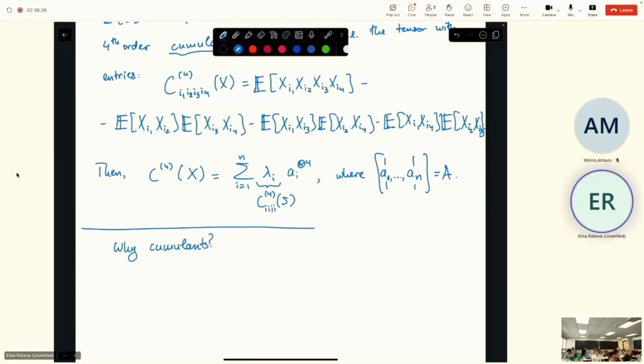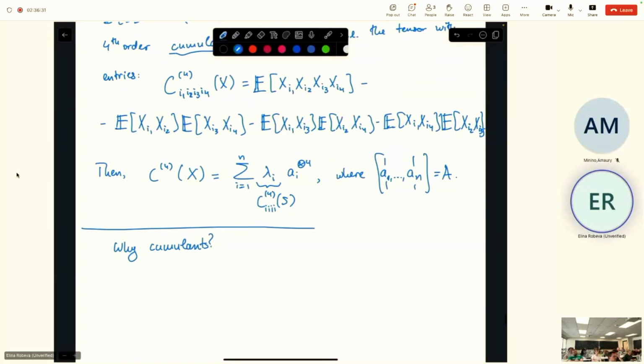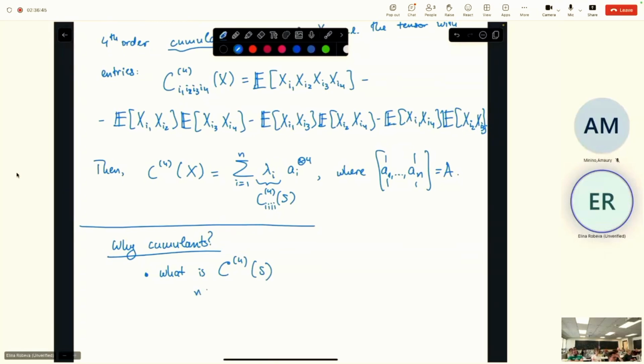My first question is, what is the fourth order cumulant of S? Can you say anything about this tensor? S is a random vector, so this will be an n by n by n by n symmetric tensor. But can you say anything more, given that you know S has independent entries?